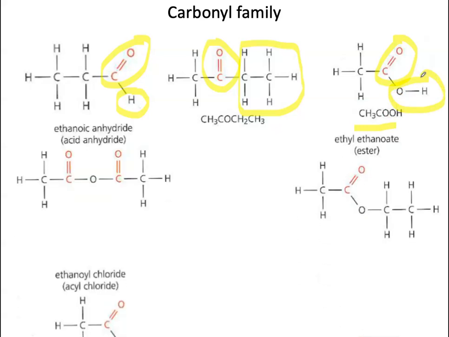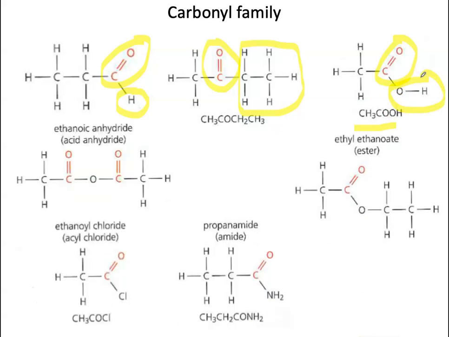Now let's look at the next 3 or 4 members. Let's start with an ester, because some of you will have come across an ester in GCSE. Here's your carbonyl. What do you notice? O and an alkyl group. So again, please look at the 4 molecules so far. Next one, let's go to a family of compounds called acyl chlorides, and what's different here is your chlorine.